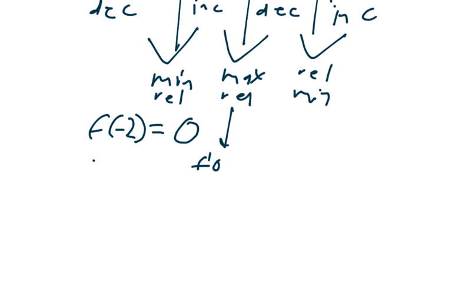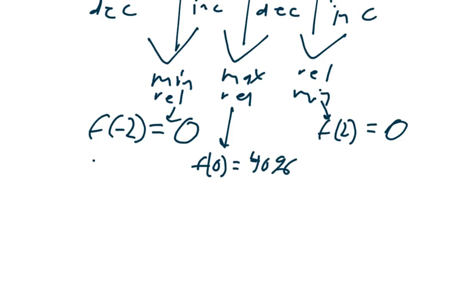When I plug in 0, I get the answer of 4,096. And when I plug in 2, I get the answer of 0 again. And those are my relative min, relative max, and relative min for problem number 11.